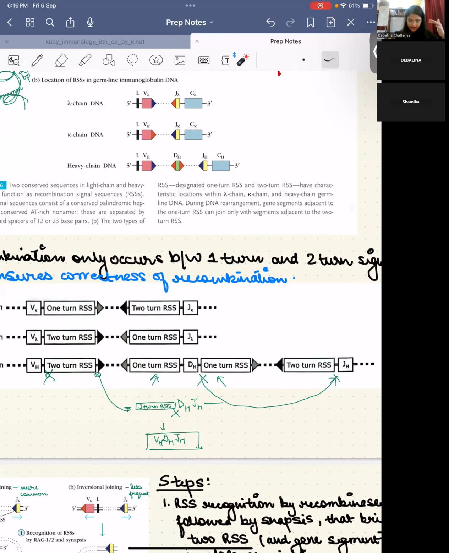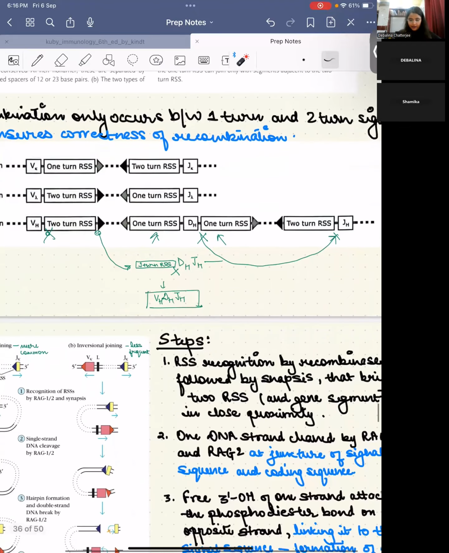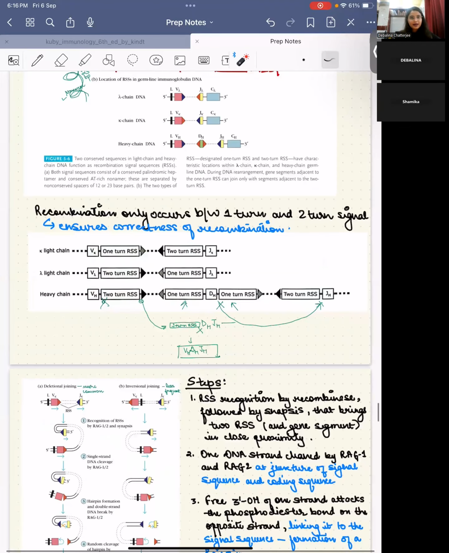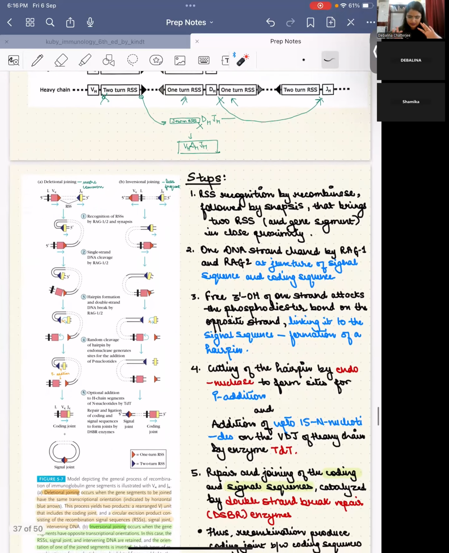Had it not been the case, you could have the V region coming and joining here as well as here. But this is prevented because of the principle that a two-turn sequence can only join to a one-turn sequence. Okay, so this much we discussed until our last class, and for today's class, we will look into the mechanism of it.